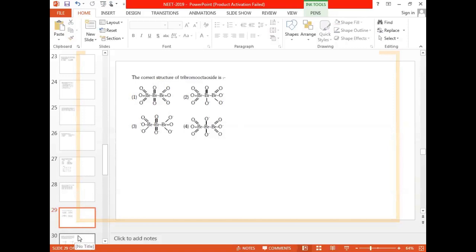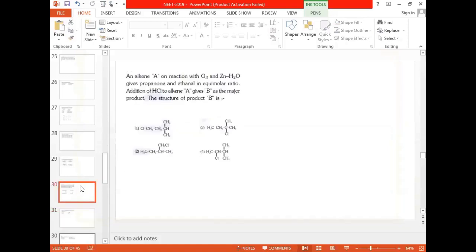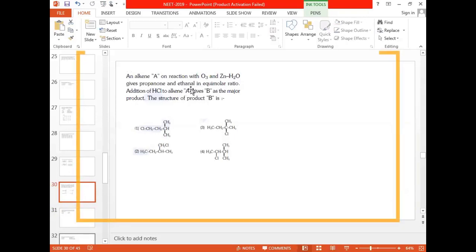Okay. Now come to this 30th one. An alkene A on reaction with O3 gives propanone and ethanal in equimolar ratio. Addition of HCl to alkene A gives B as the major product. What is the structure of B?